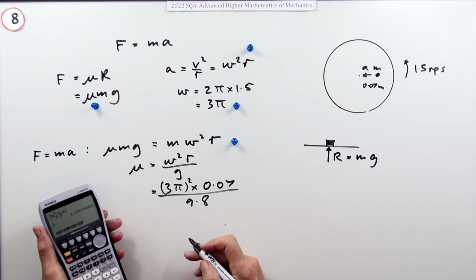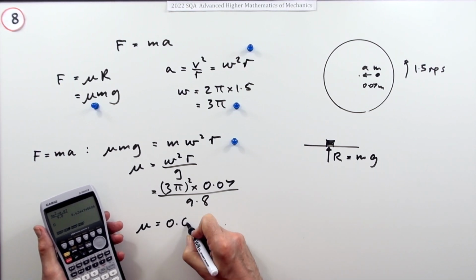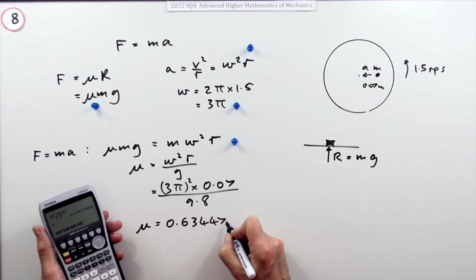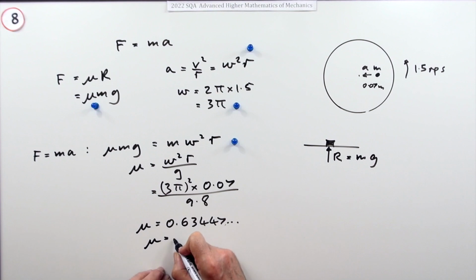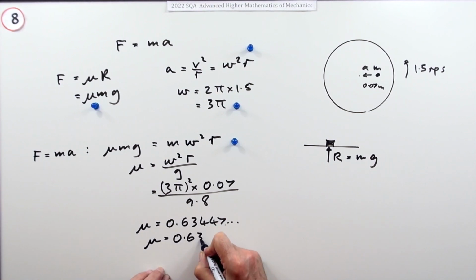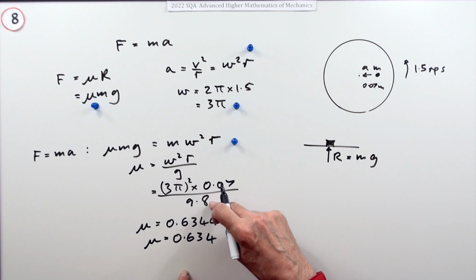And pressing the buttons gives you mu equals 0.63447 and so on. And then taking it to 3 decimal places, 0.634 for 1 mark. Although I'm not awfully sure about that because you've only got 2 significant figures there, for instance.